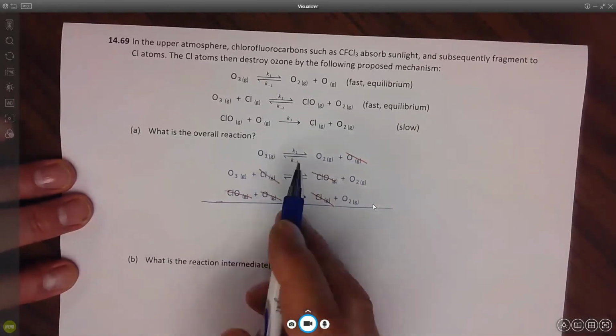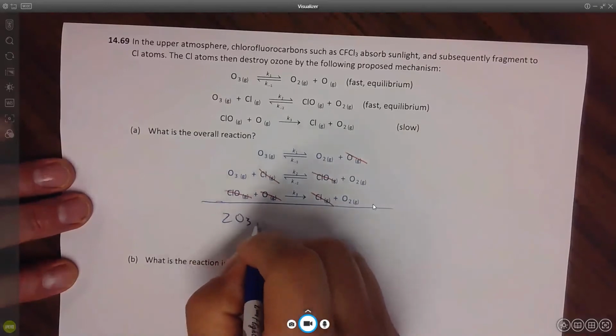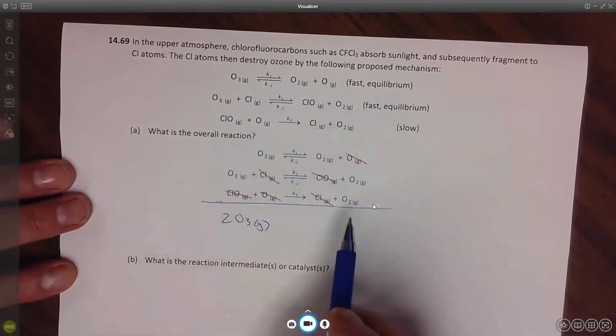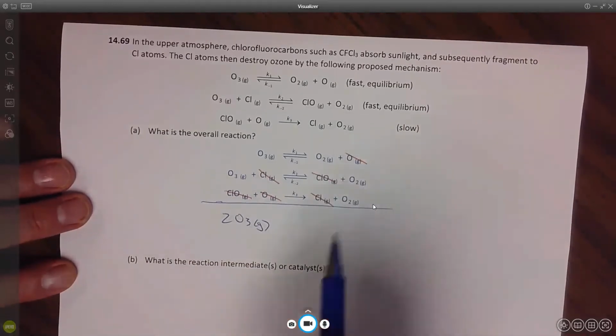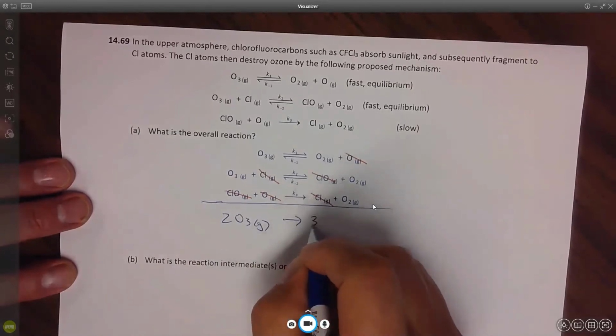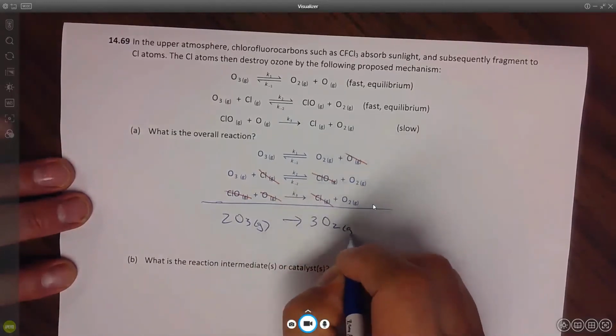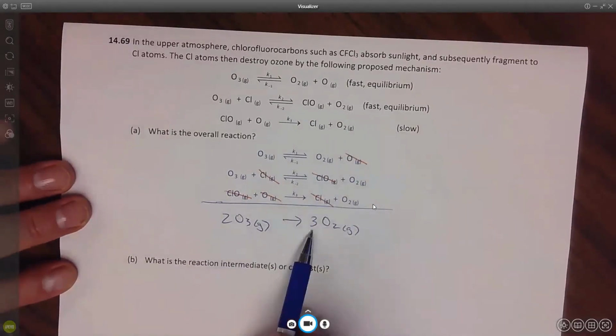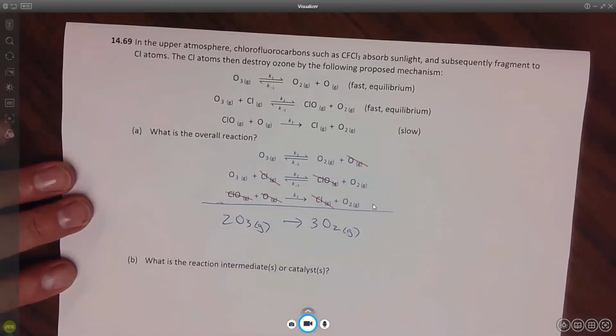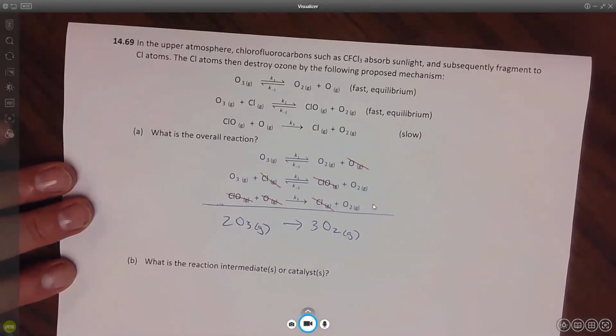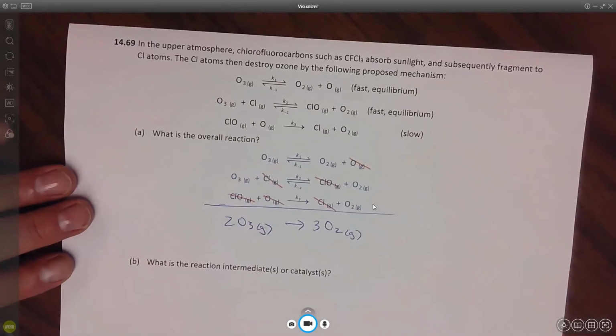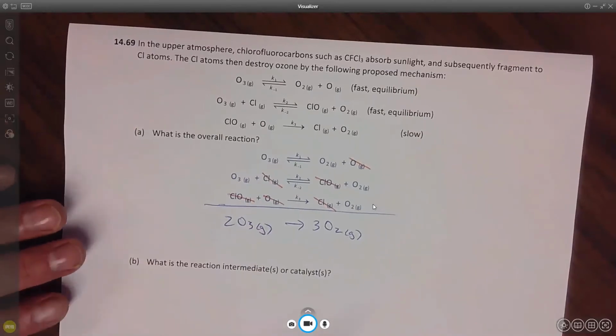So that's 2 O3 gases and 1, 2, 3 O2 gases. So we go from 2O3 to 3O2. Okay. Any questions with that?